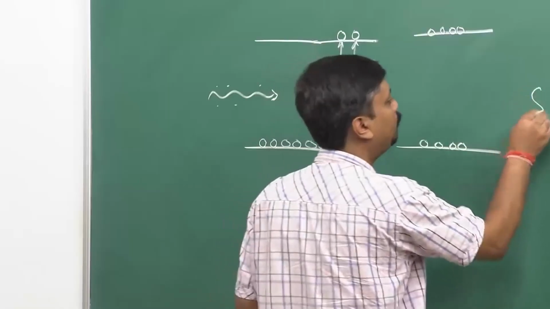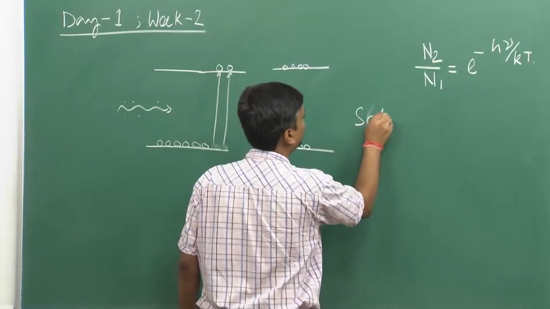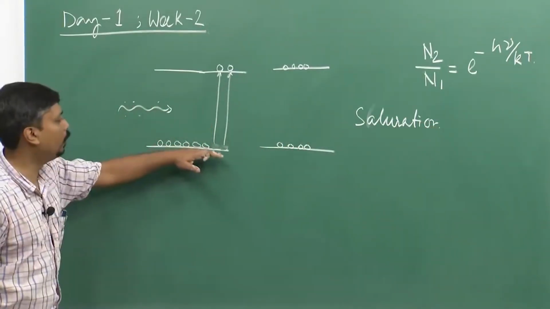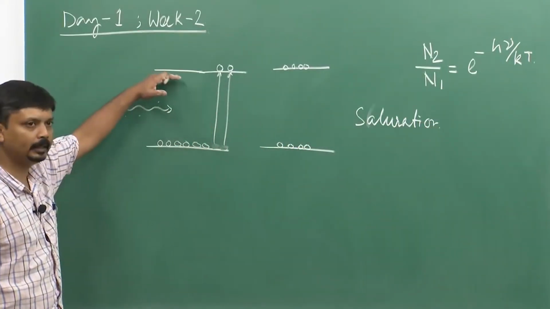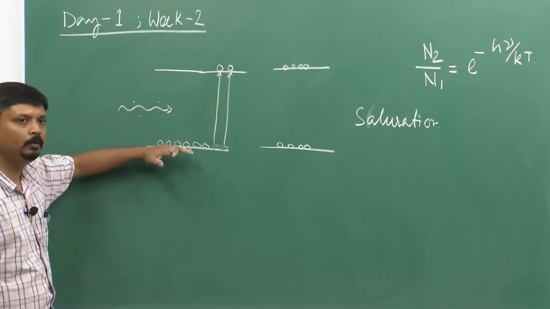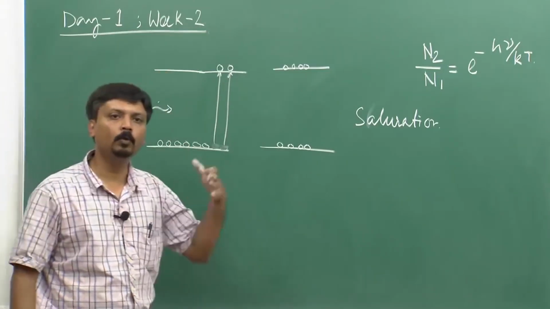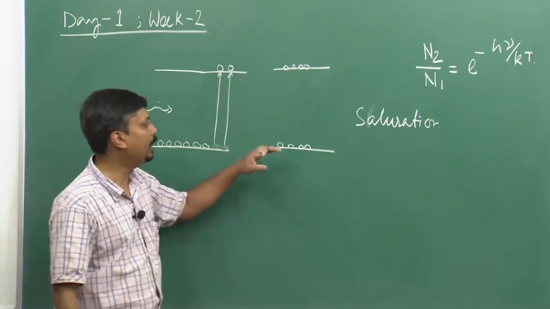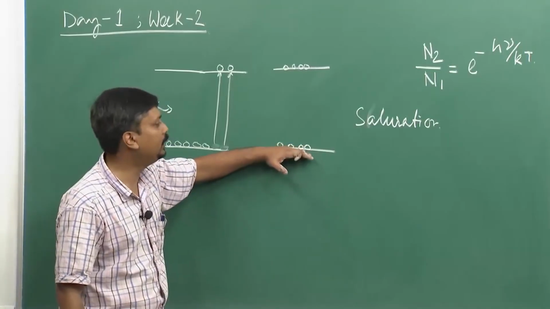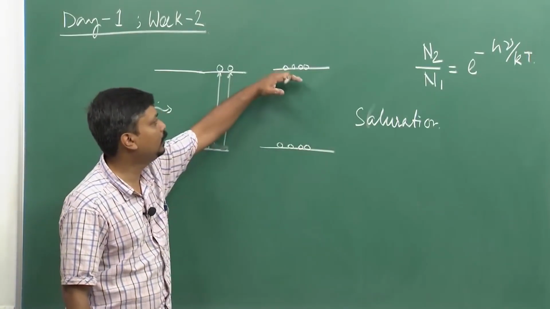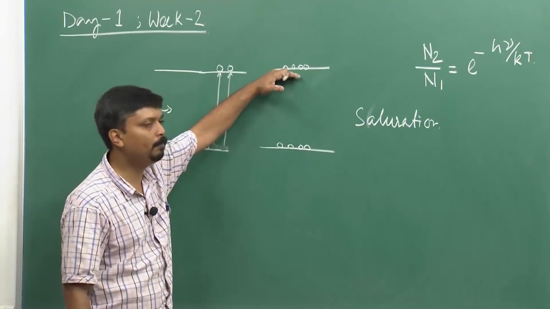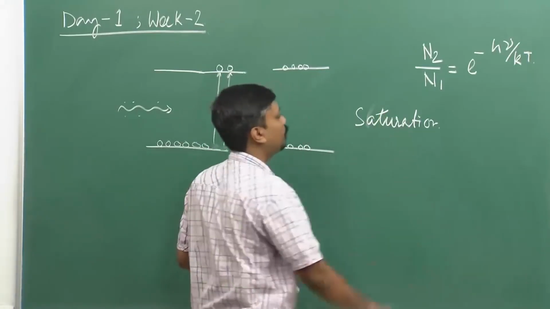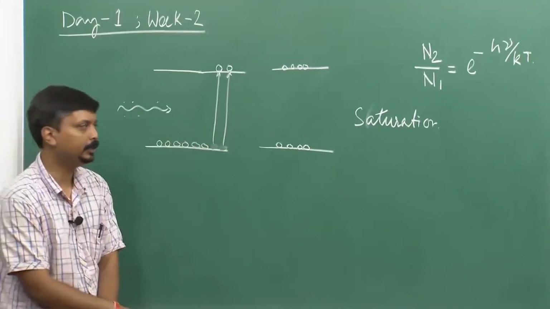So, initially all molecules were in the ground state and very few in the excited state. That was my equilibrium condition, governed by the Boltzmann distribution. Then by putting in more and more light, I can somehow achieve a condition like this, where I have equal population in both the states, and I get a condition which is known as saturation.